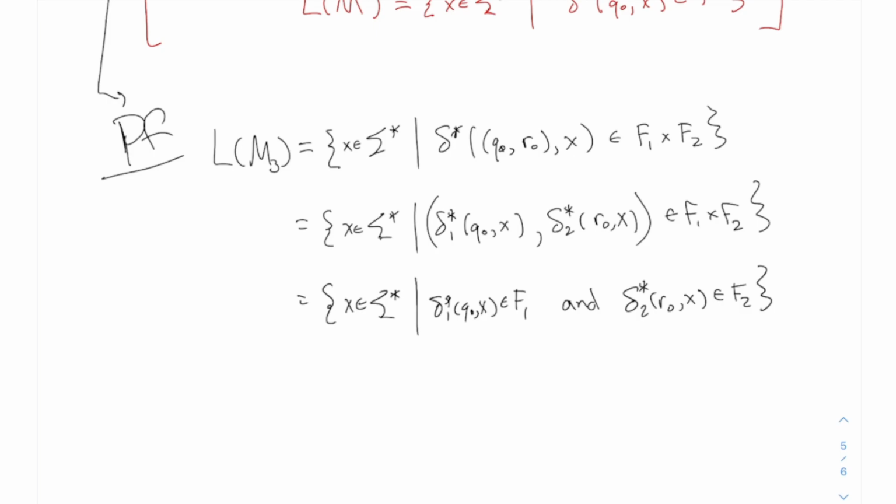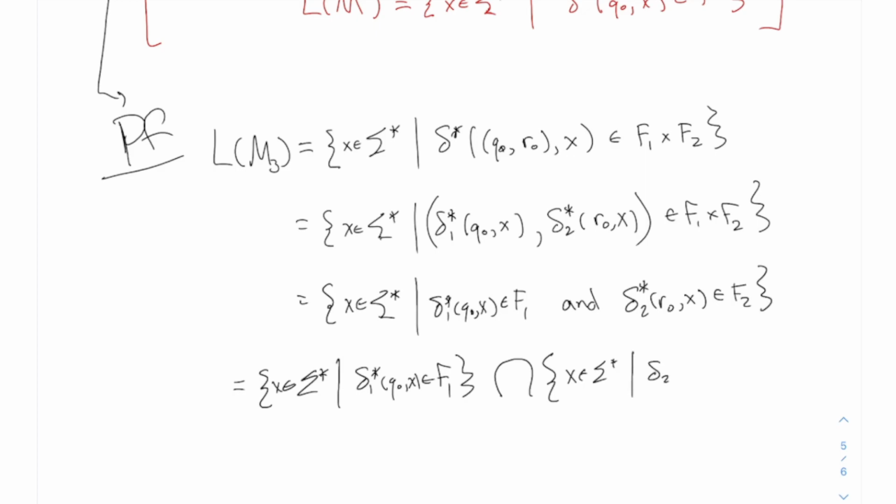So this, writing as an intersection, is X in sigma star such that delta 1 star Q0x is in F1, intersection, X in sigma star such that delta 2 star R0x is in F2. All right? Because that's what the word and means. Or that's what the intersection means.